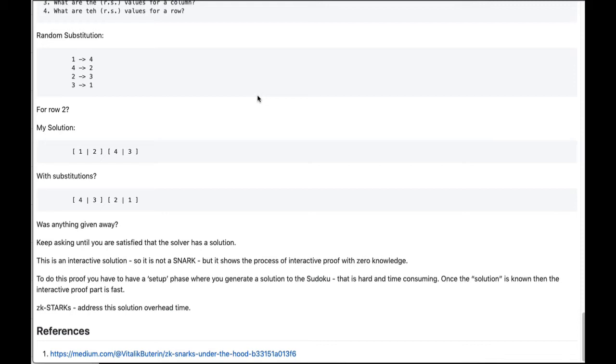And if the Sudoku is sufficiently large, not our teeny little example, then getting a solution is NP complete, hard, and being able to demonstrate that is hard. So having a solution, the setup time is hard, but once you have a solution, the answers are easy.